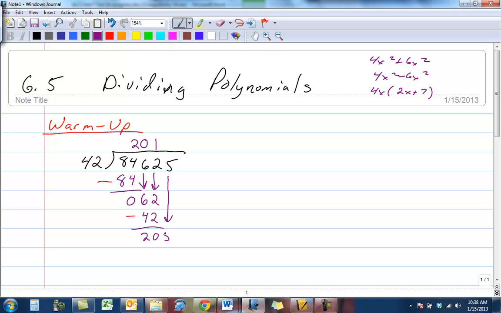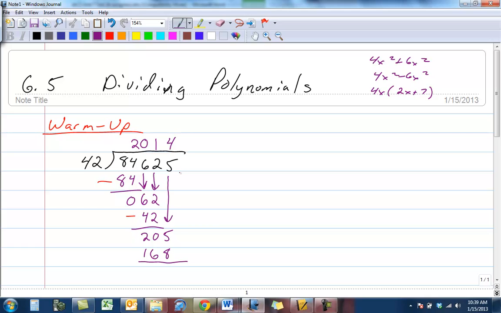Bring down the 5. How many times does 42 go into 205? You might want a calculator for that and multiply 42 until you get close without going over to 205, just like the Price is Right. Happens to be about 4 times. 4 times 42 is 168.